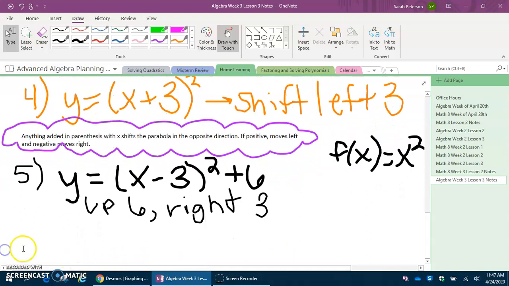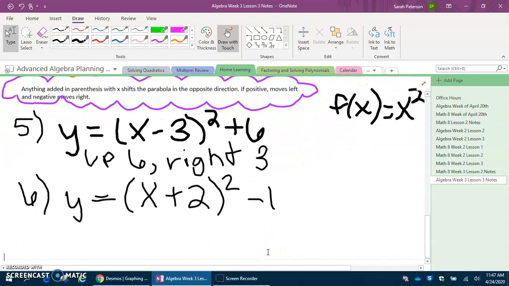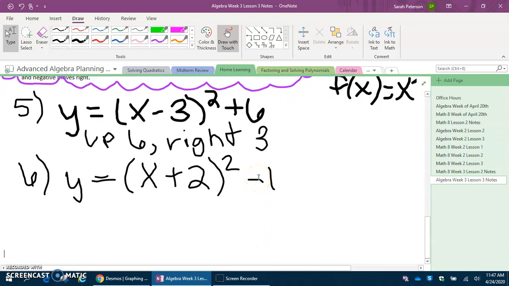Okay, so if I do this, y equals (x plus 2) squared minus 1. Without looking at the graph, I'm going to think about what's going to happen here.